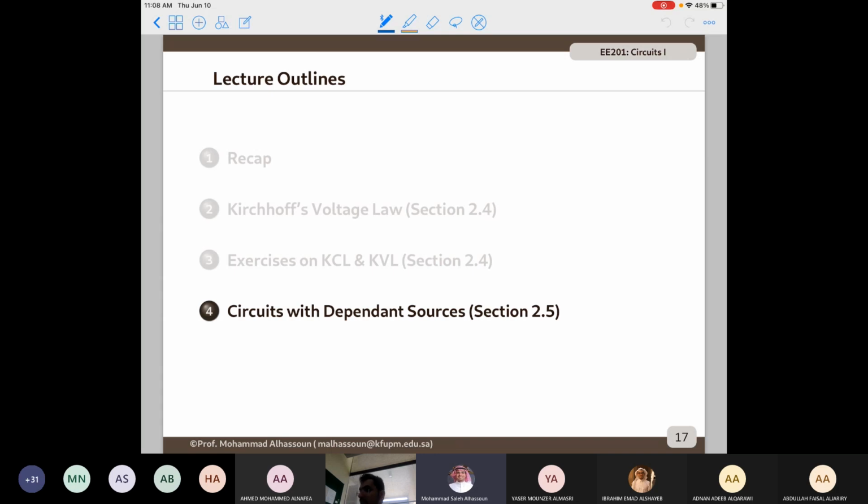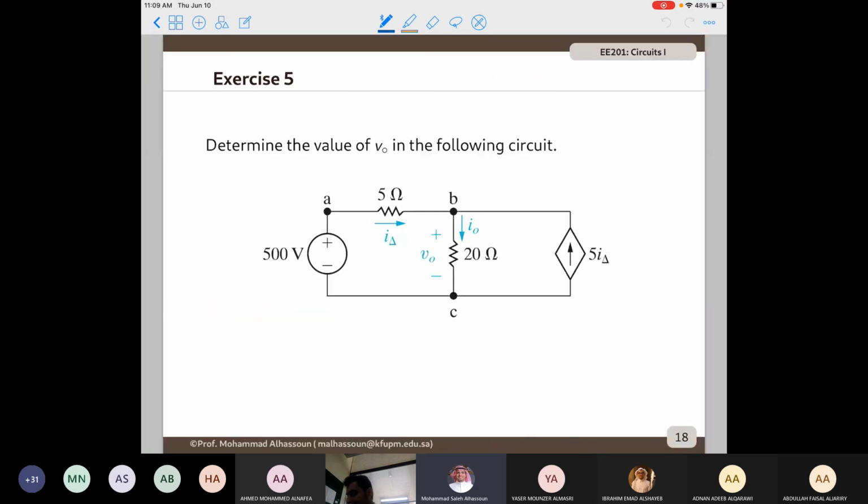So here, let's try to analyze a circuit with a dependent source. Analyzing a circuit with dependent sources is exactly the same as analyzing a circuit with independent sources. The only thing you need to account for is that you need to add another equation for the dependent source. Let's see what we have here.